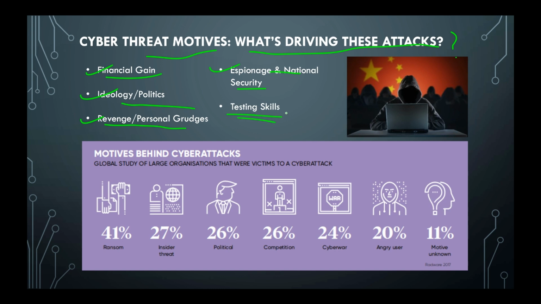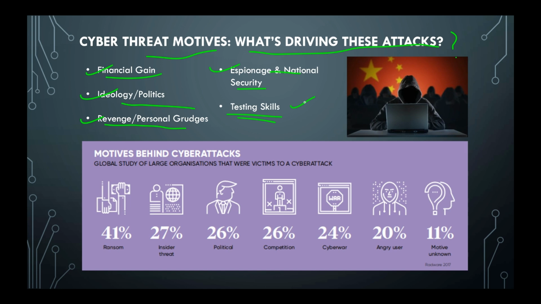Then the final one is testing skill. Not every hacker is out for money, politics, or revenge. Some just want to test their skills, show off, or gain credibility in online communities. It is like climbing a mountain just because it is there, except here the mountain is the corporate network.